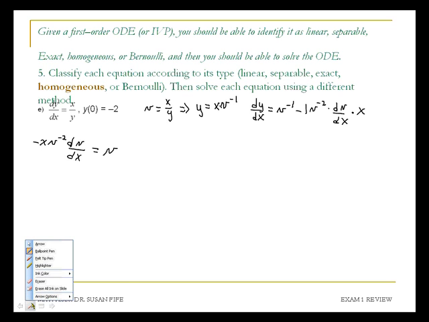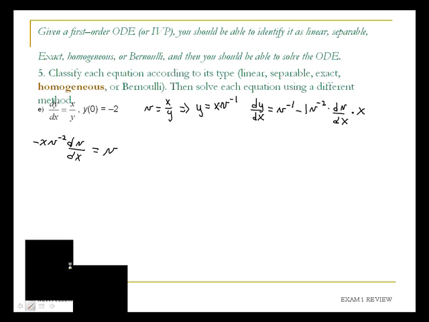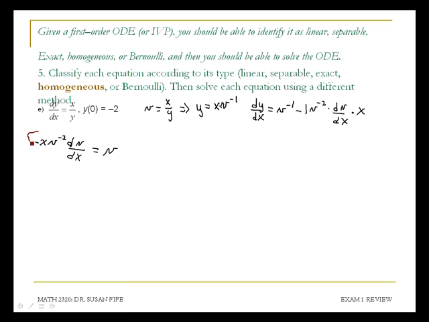So here I want to separate the variables. I'm going to multiply both sides by dx to get dx out of the denominator. That tells me my x terms are going to be on the right side. So I need to divide by v, and I need to divide by x.